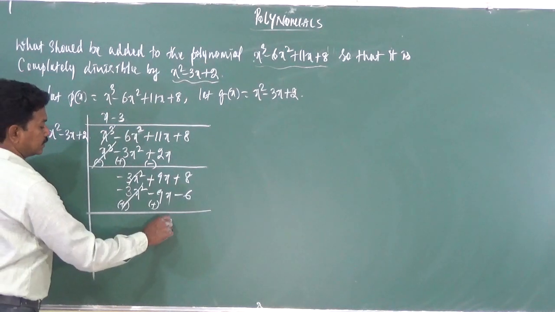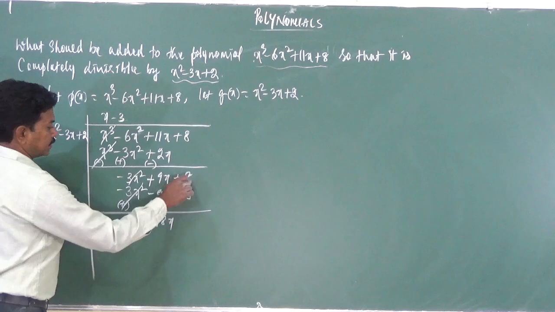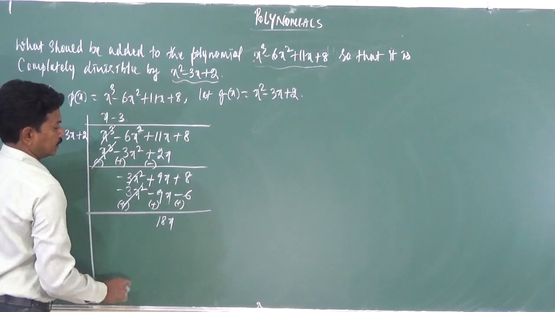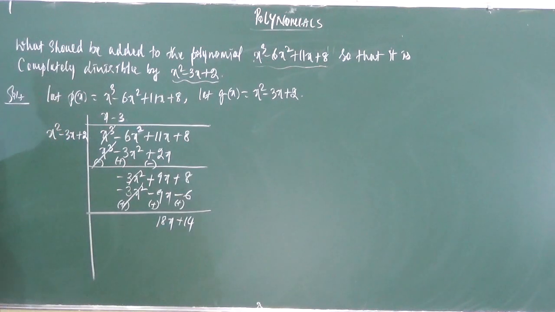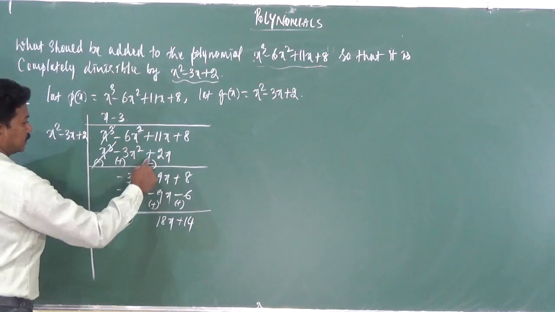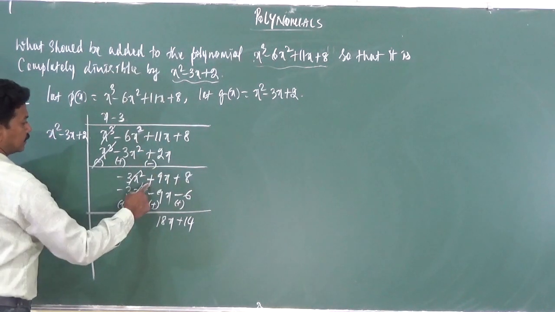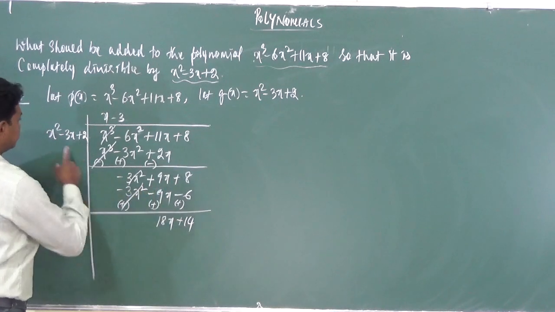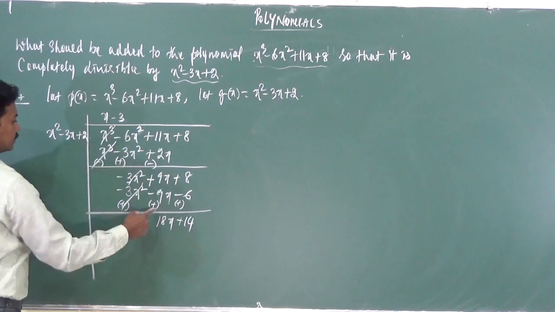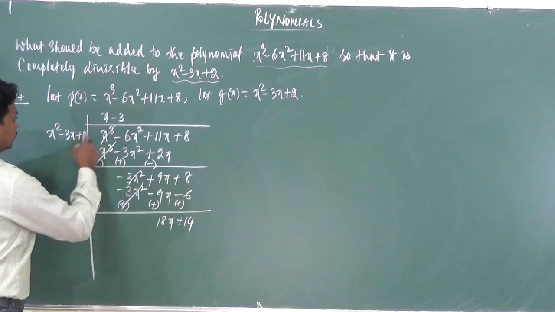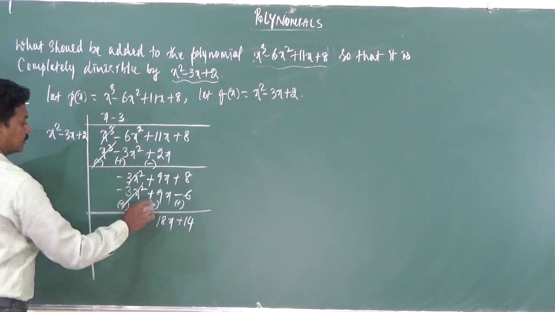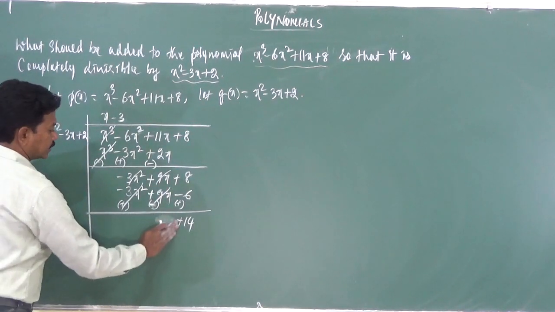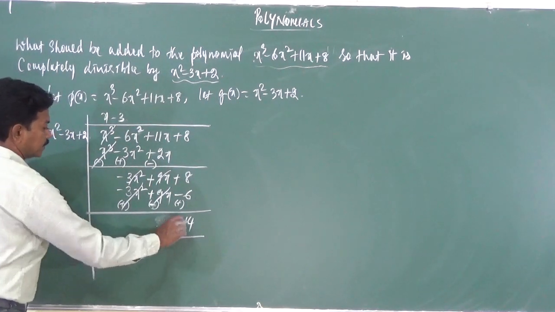Plus 11x minus 2x is plus 9x, so the 9x cancels out, so 18x doesn't come, and we have only plus 14.